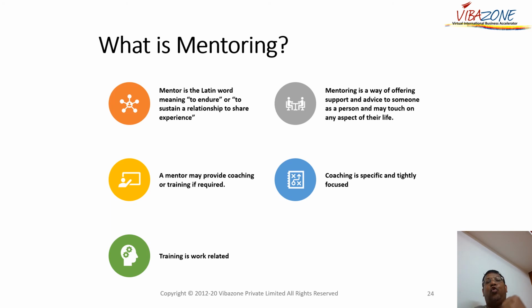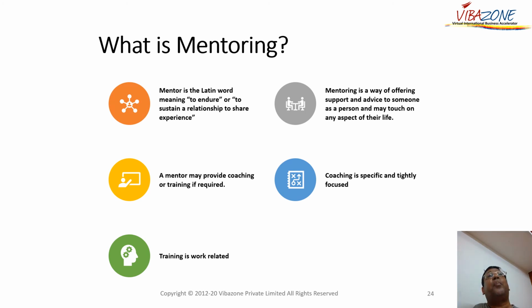It is to share your experience with somebody else. A mentor may at times provide coaching depending on what's required. Coaching is specific and tightly focused, just like football. You don't give them cricket training, you give them football coaching. So it's important, and sometimes you give them work-related training as well.